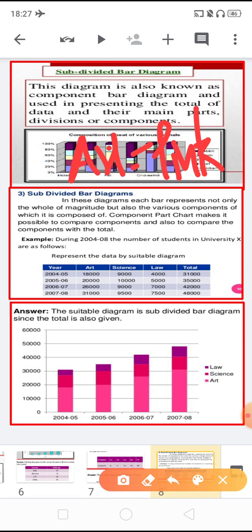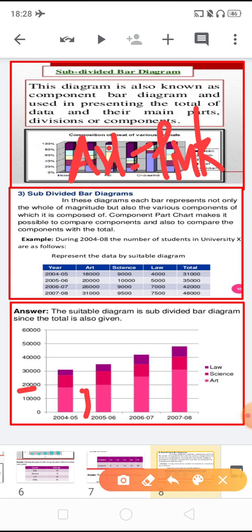For 2004 to 5, you can see the height of the art students reaches 18,000. That is why up to this point it lies just below 20,000. This particular area belongs to the art students, and the number of students is 18,000.